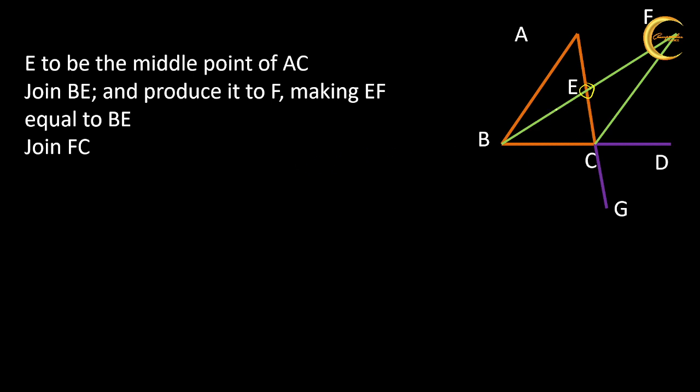And we have joined this BE line and produced it to F. Means this BE line we have extended up to this F point, so that this BE line is equal to EF line. And we have joined this F point to C point by this line. So this is the FC line.